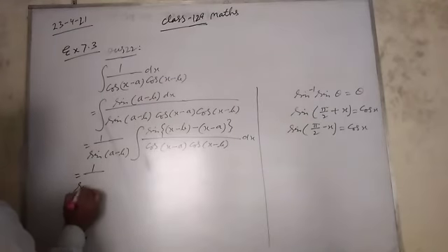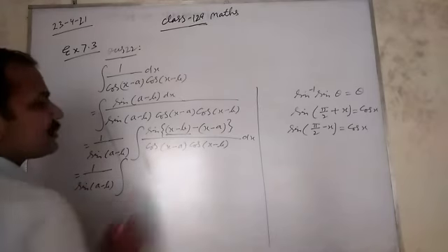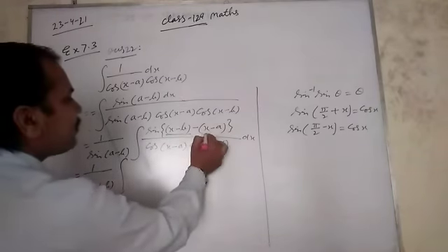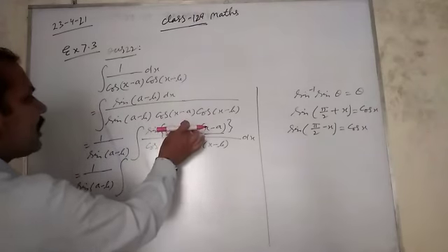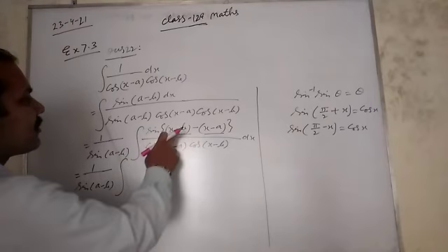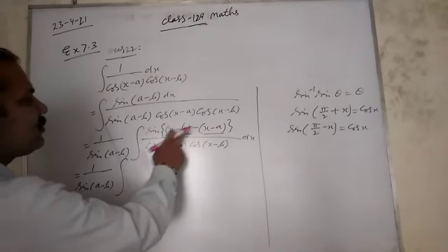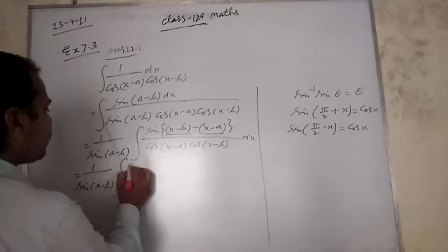So 1 upon sin(a minus b). Suppose this is a and this is b. Clear? Or you can suppose p and q if doubts are coming in your mind. So sin(p minus q) formula: what is the formula?